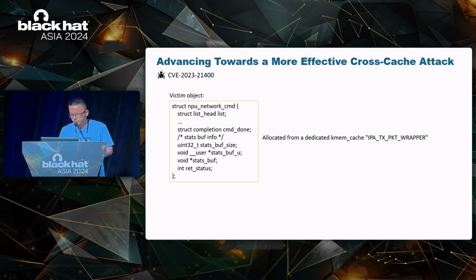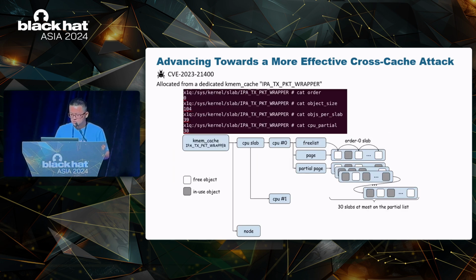For this issue, the victim object is the NPU network command object, which is allocated from a dedicated kmalloc cache. Some basic information about this dedicated kmalloc cache is exported through sysfs. For example, we can know that the order of its slab is 0, the object size is 104 bytes.